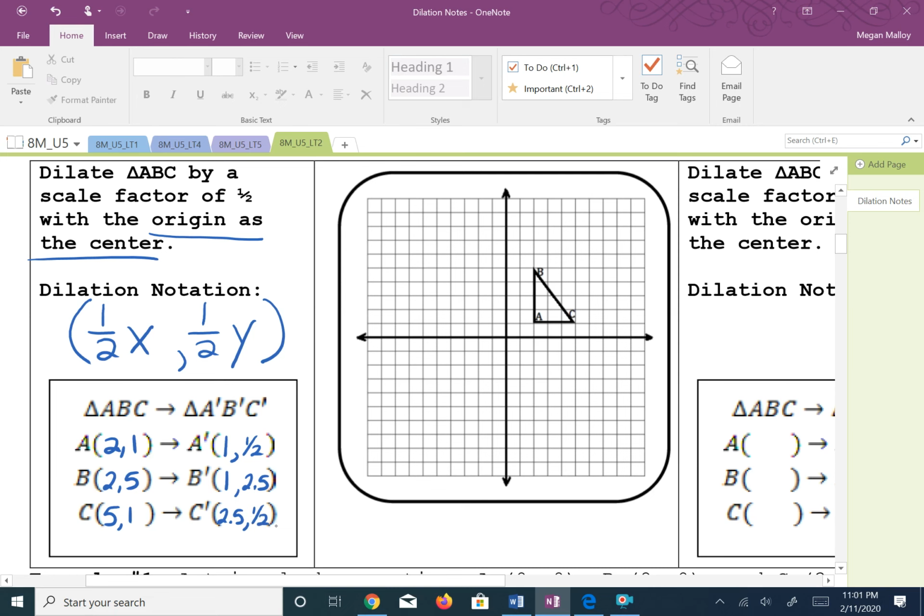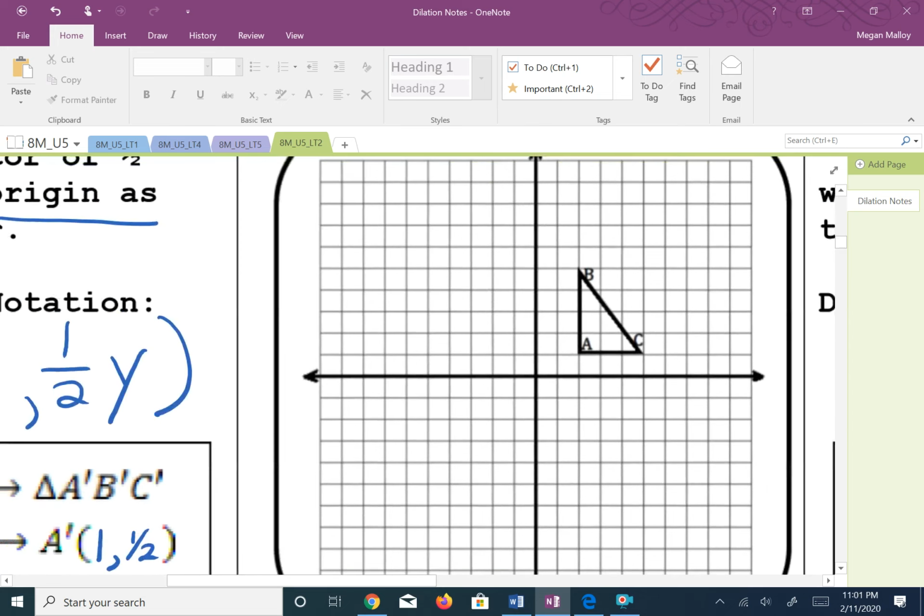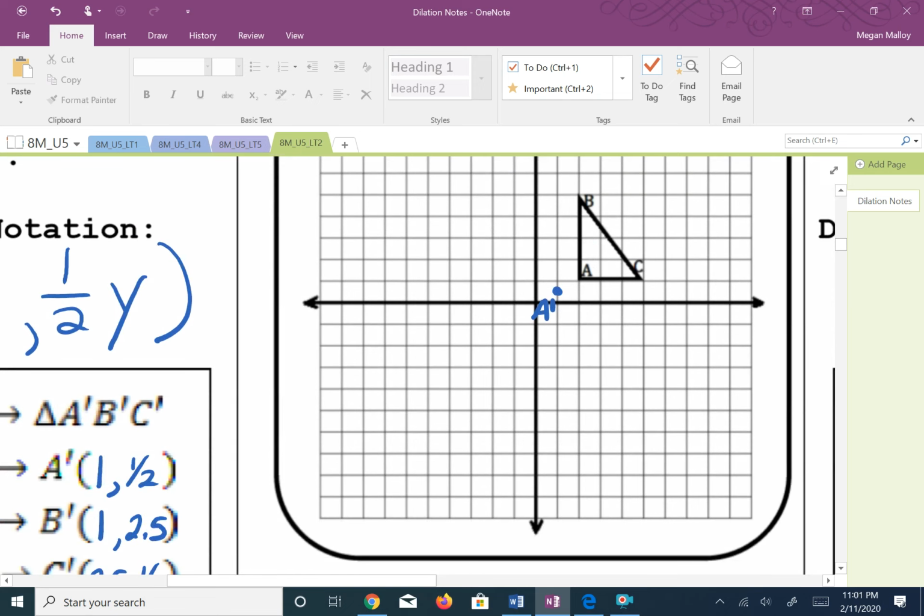So then I can graph that. So my image of A is at 1/2, 1/2, so right about there. And remember, when you are labeling, you're using your tick marks to show that it is the image of your original figure. B is at 1, 2.5.